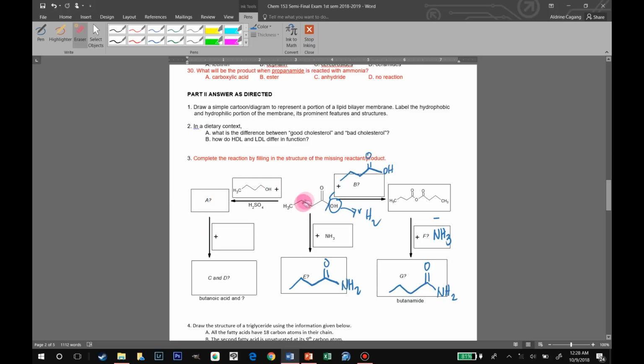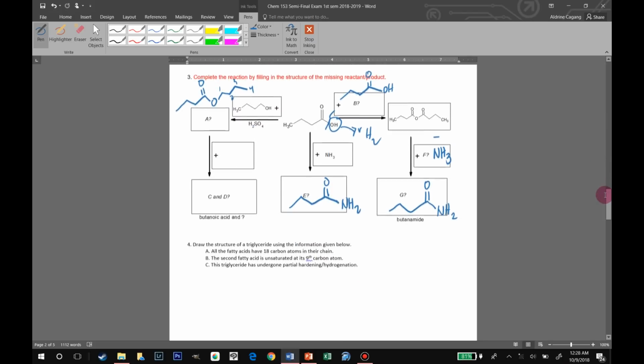Oops. Let's try to draw that one a little bit neater. So 1, 2, 3, 4, C double bond O, O, 1, 2, 3, 4. Okay, so that should be the correct structure of your resulting ester product.